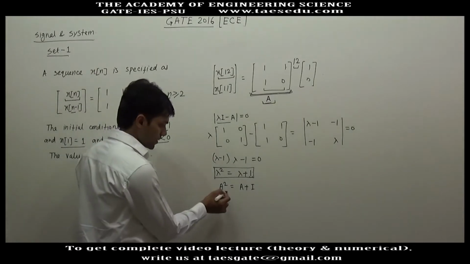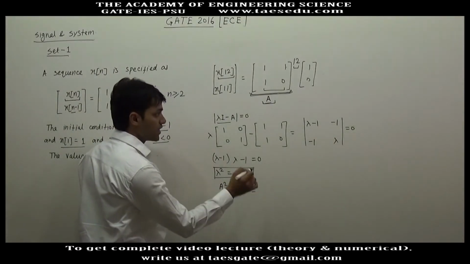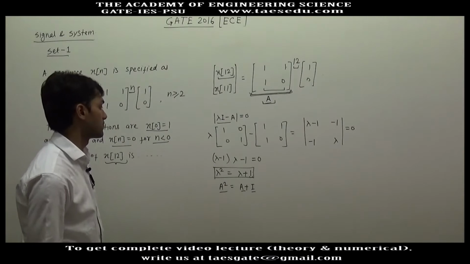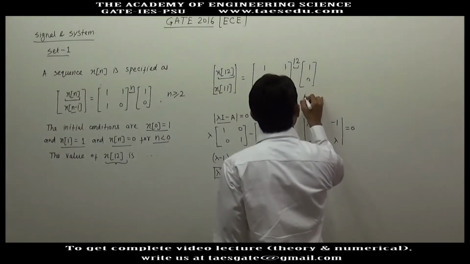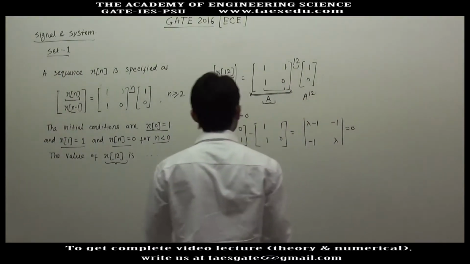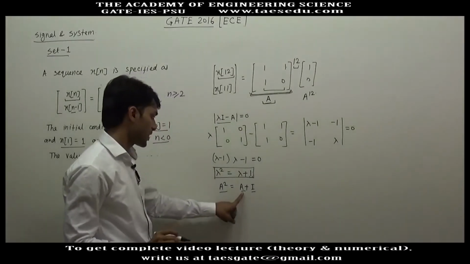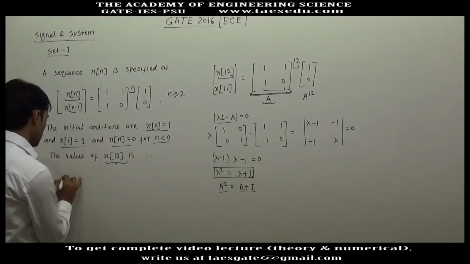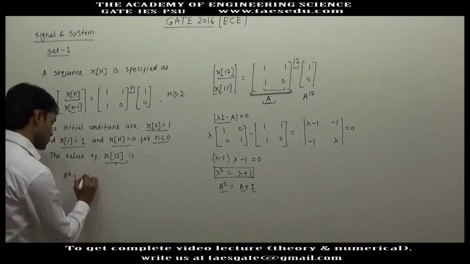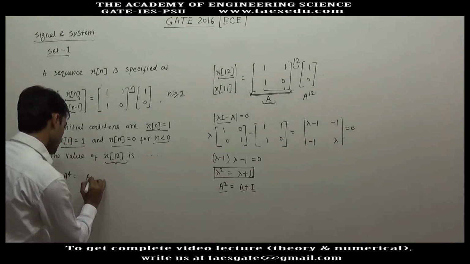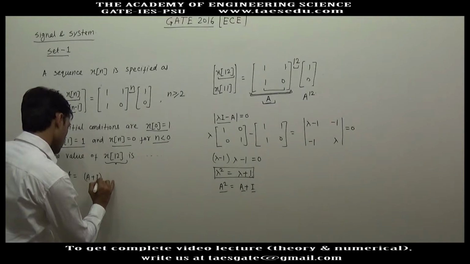So we have the value of A square in terms of A and the identity matrix, and we have to find out A to the power 12. So A square is A plus I. What will be the value of A4? This is A square into A square, which means A plus I whole square.